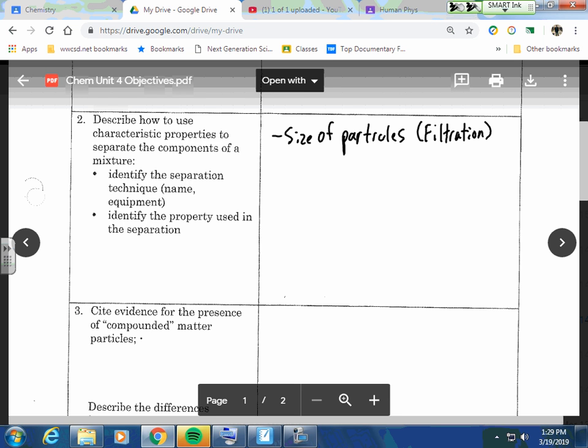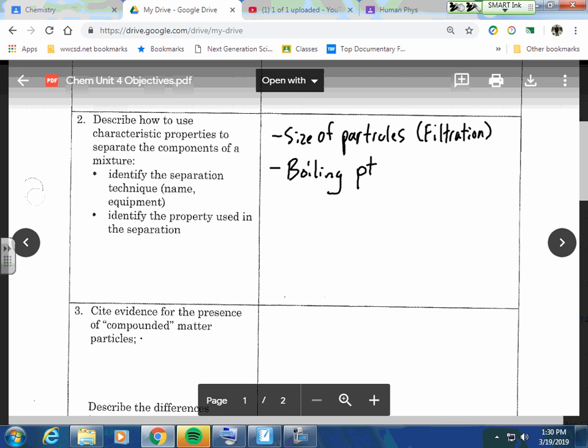All right, another thing we can do is use the fact that in the mixture we have different boiling points. In a pure substance, the properties throughout the substance are going to be the same. But in mixtures, the properties are still the individual parts, just mixed.